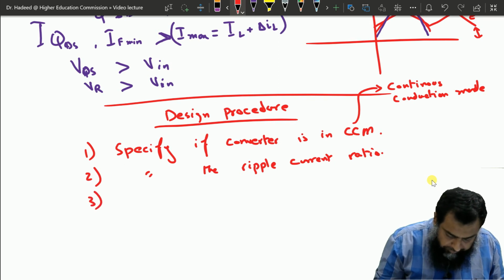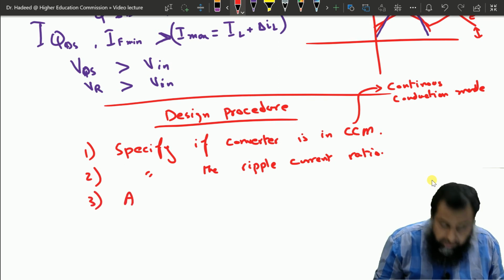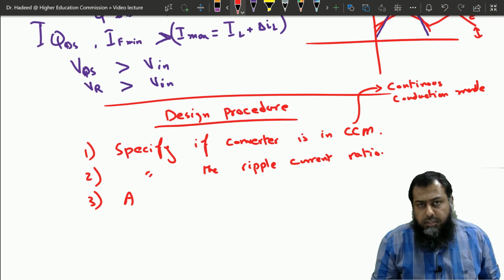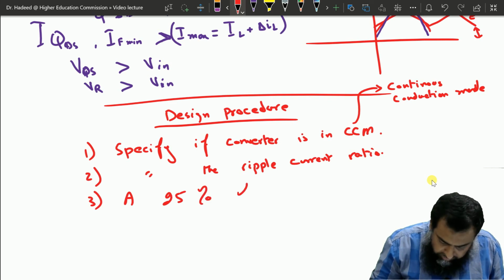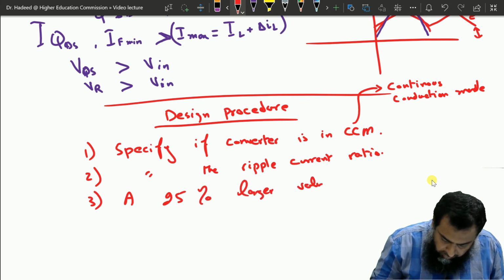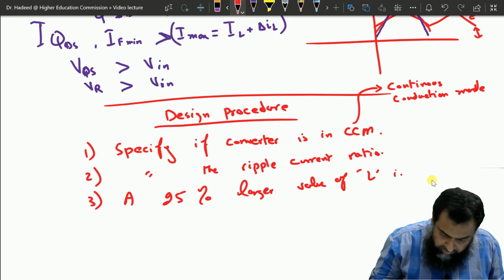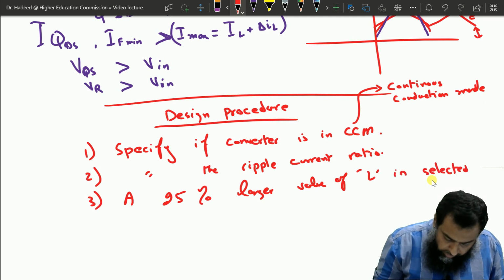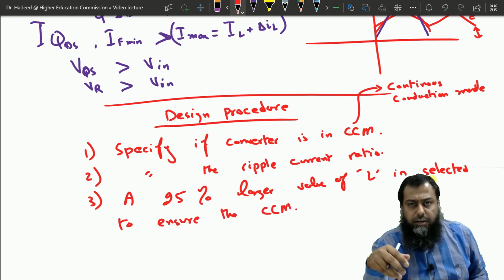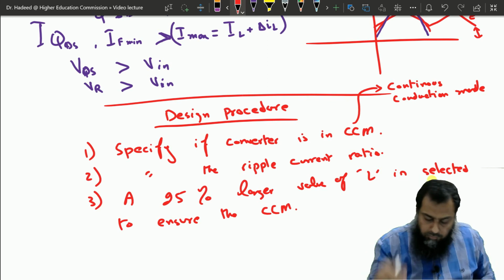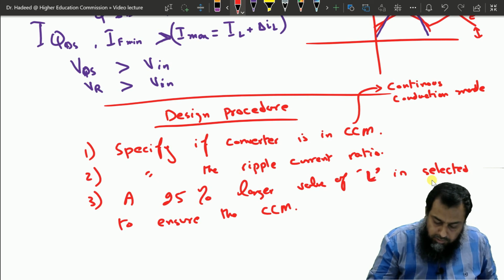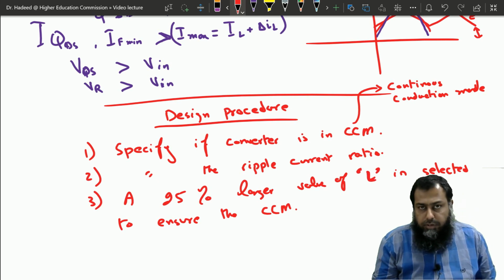So number 3, as a factor of safety and to compensate for the circuit behavior, a 25% larger value of inductance is selected to ensure the CCM mode. So whatever value we have selected, in order to ensure that the converter always operates in a continuous conduction mode, in the design value we exceed it by something around 25%.